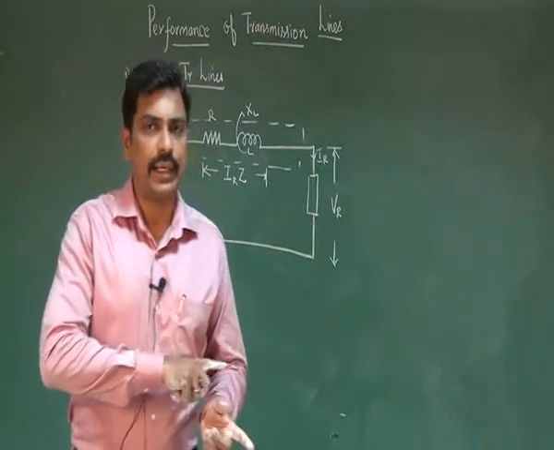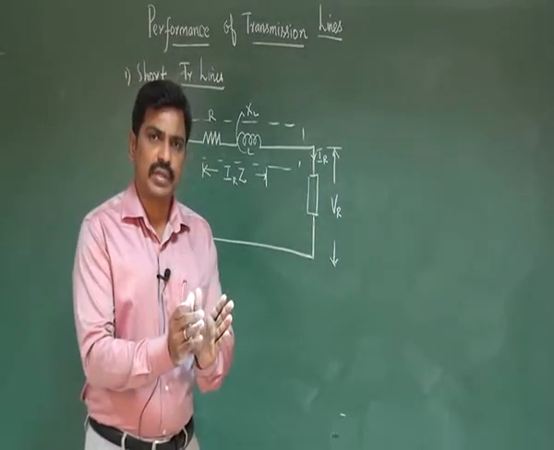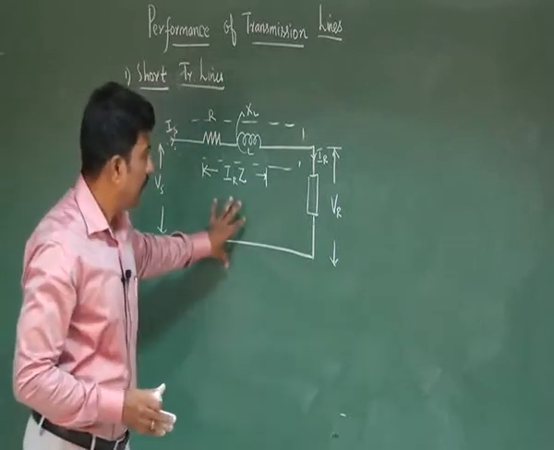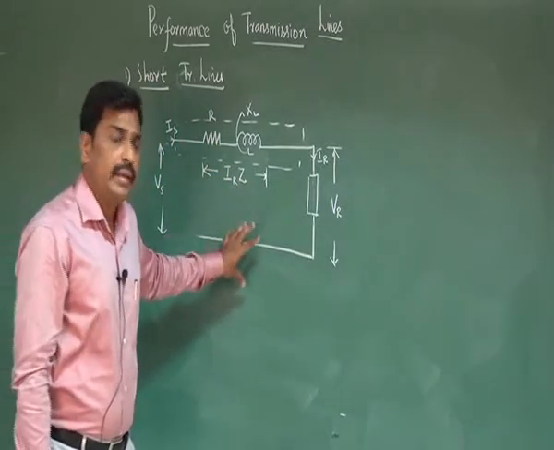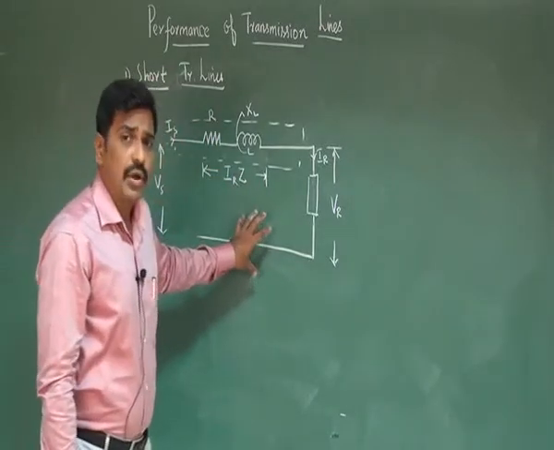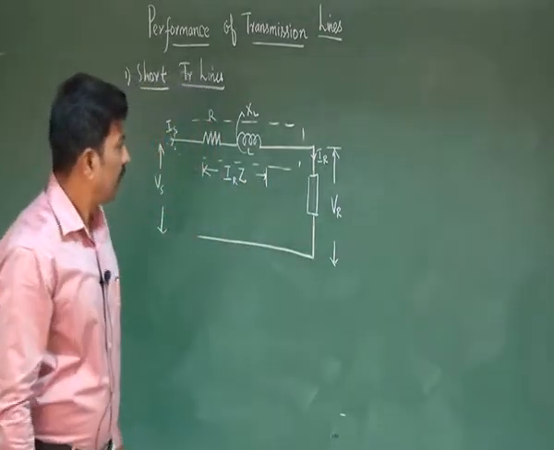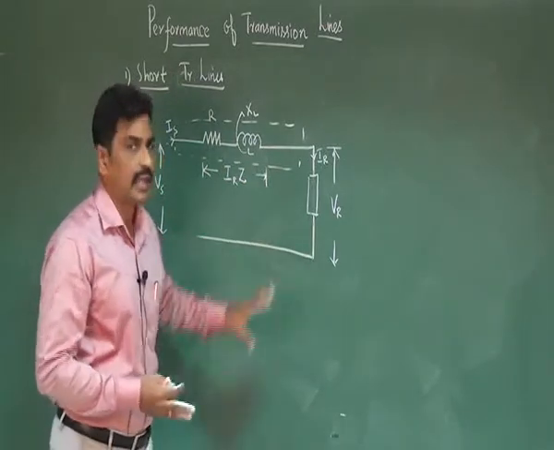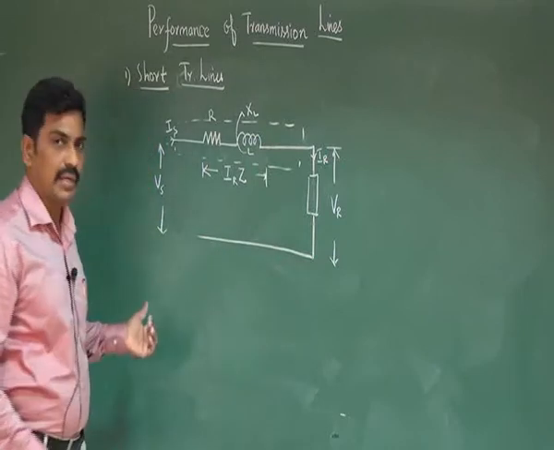In order to avoid that error and get exact solutions, especially for performance of transmission lines, we can do the analysis with the help of vectorial representations. Vectorial representation means involving all the vector quantities of the sending end parameters and receiving end parameters.